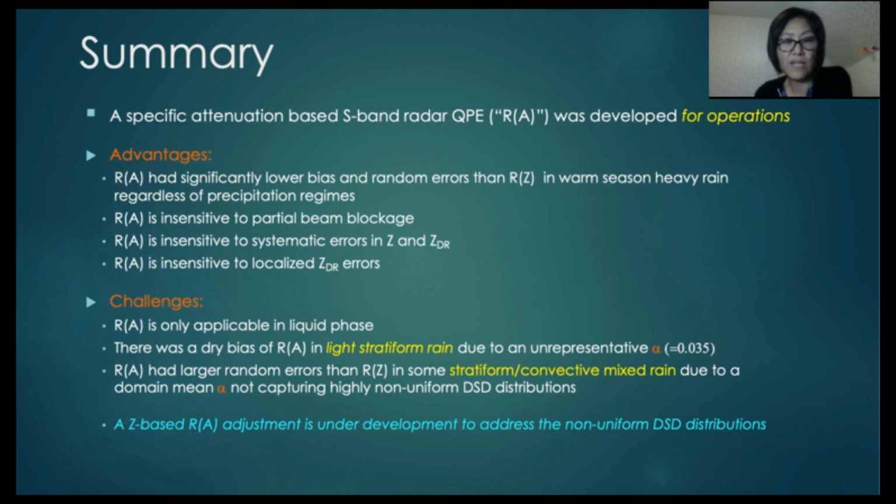So we are developing a Z-based R(A) adjustment to address this, and we see some very promising results. We are continuing refining and hoping to transition that into operations in the next year or so.